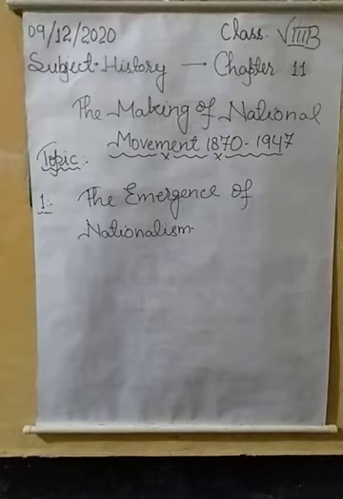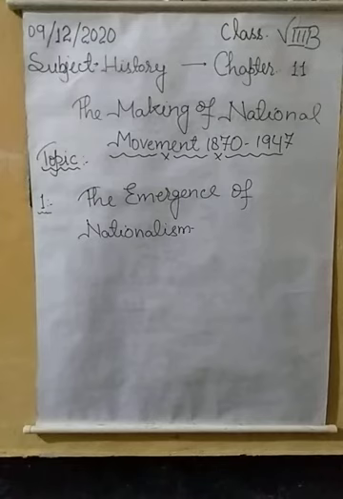This National Congress was led by Dadabhai Naoroji, Pherozeshah Mehta, Badruddin Tyabji, W.C. Banerjee, Surendranath Banerjee, Romesh Chandra Dutt, S. Subramania Iyer, among others, and was largely from Bombay and Calcutta.